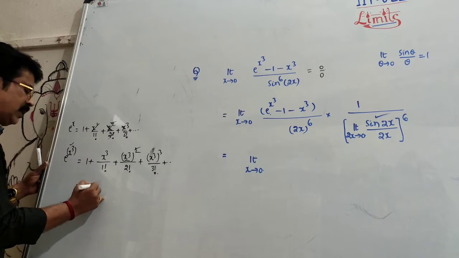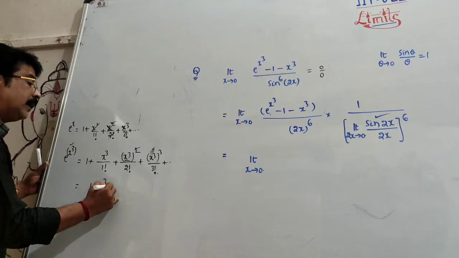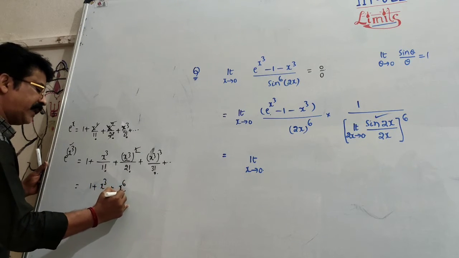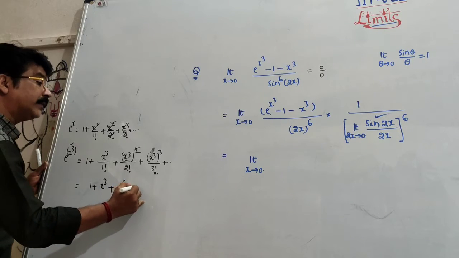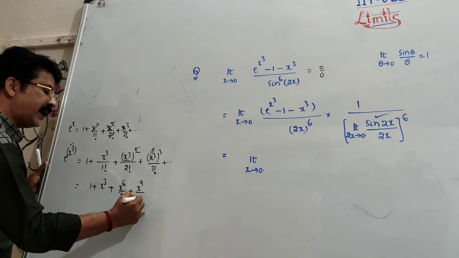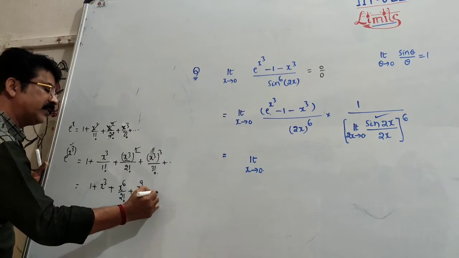So that is equal to 1 plus x cubed plus x to the power of 6 by 2 factorial plus x to the power of 9 by 3 factorial, and so on.